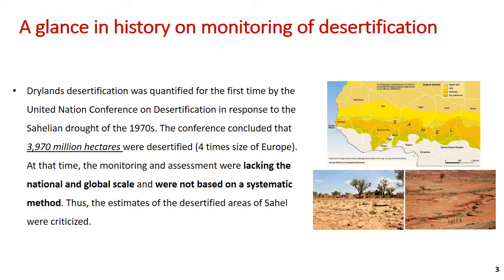And the monitoring and the assessment method was not systematic. It means it was just started without so much experience, without tools and many other things. And therefore, because of this, the assessment technique was criticized by many scientists and people.